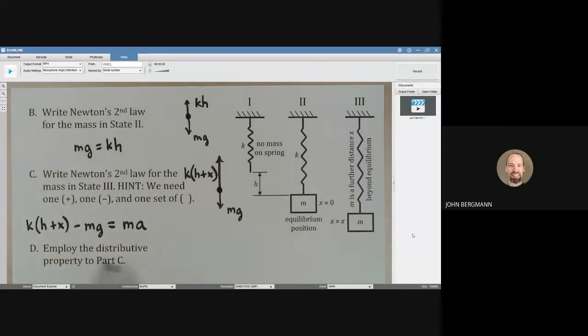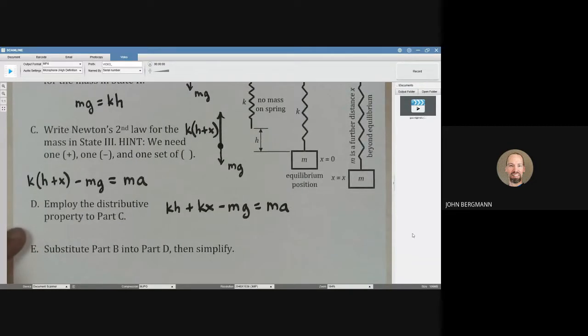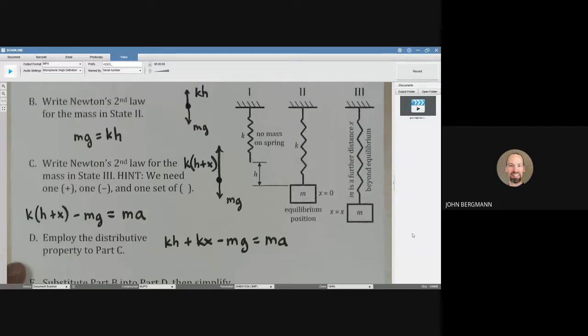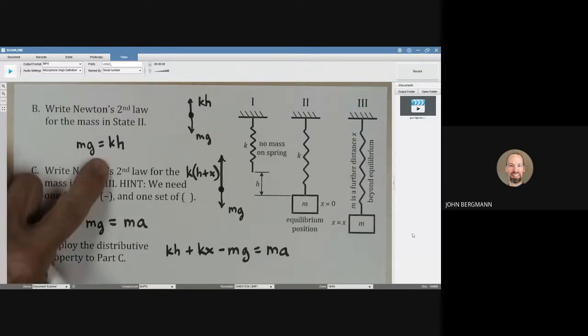Letter D, employ the distributive property to part C. All right, let's do that. What would that be? K times h plus k times x minus mg is equal to m times a. Substitute part B into part D. All right, well, what was part B? That was at the top of the page. mg is equal to k times h.